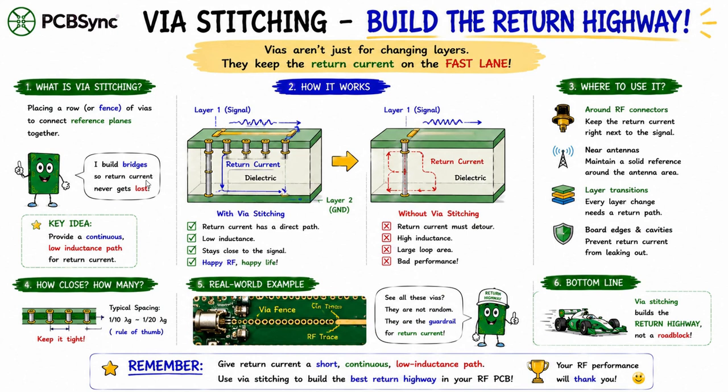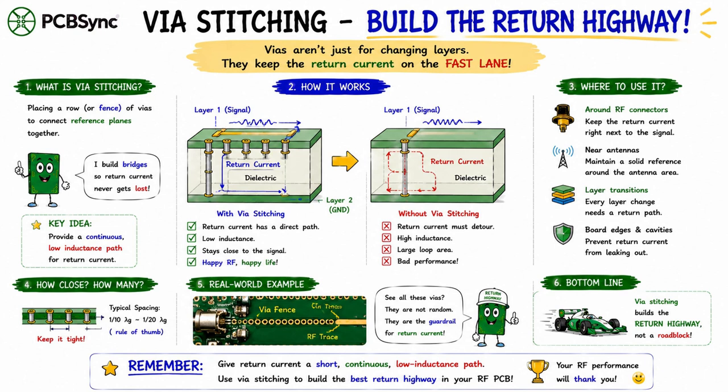Now, let's look at a question that many people are curious about. Why do so many RF boards have rows and rows of densely packed vias? People seeing this for the first time often ask, do manufacturers charge by the number of vias? Actually, that's not the case. These vias are like bridges on a highway. When switching between ground planes, the return current needs to quickly change its path.